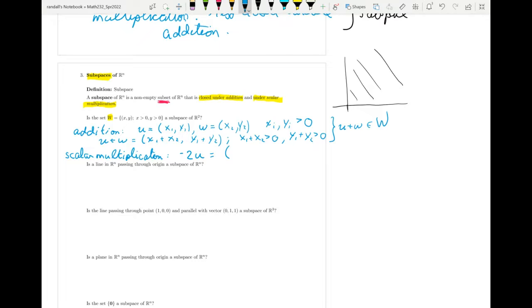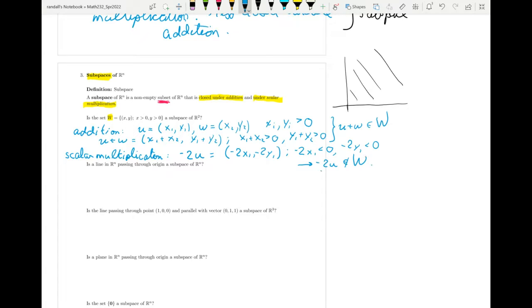What are its components? Well, it's going to be minus 2x1, minus 2y1. But now, because x1 and y1 are positive, minus 2x1 is negative, and minus 2y1 is negative. Either one of these shows that minus 2u is not in W.